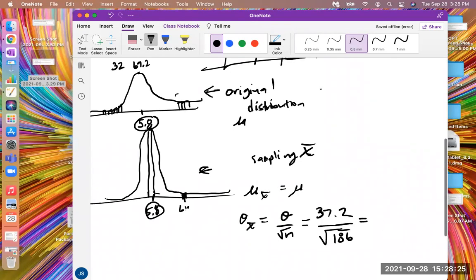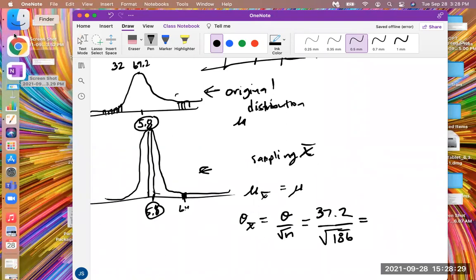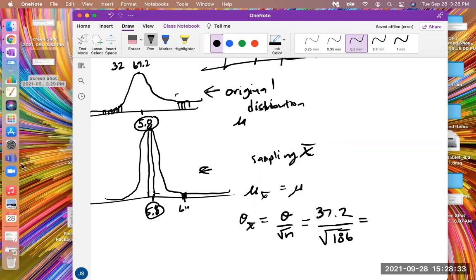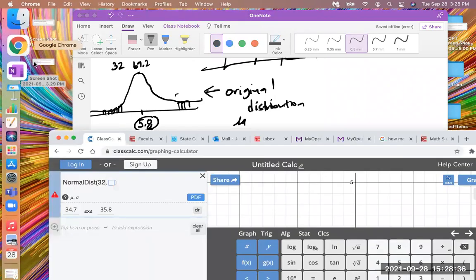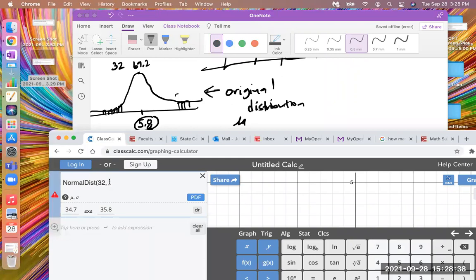Okay, and then I just do that calculation. I might be able to even put that in. Maybe I don't have to do any calculations because we can just put it in. So it is 37.2, divided by, maybe it'll let me do square root.